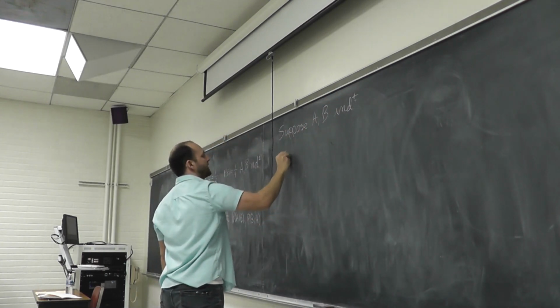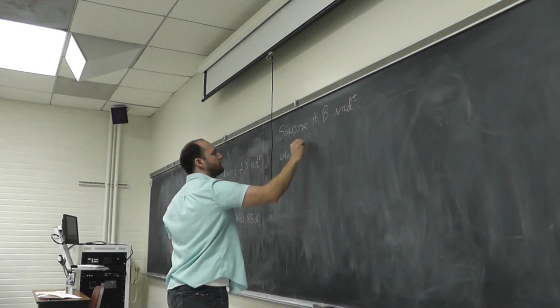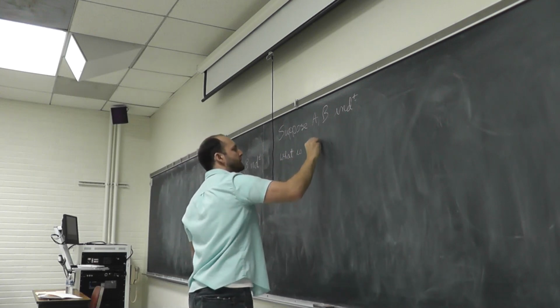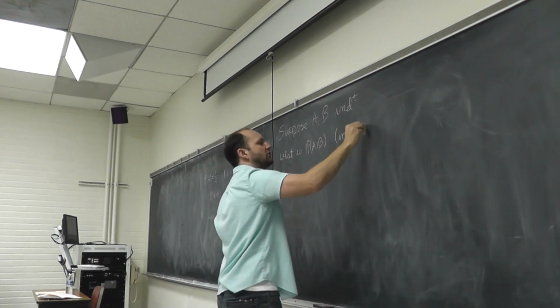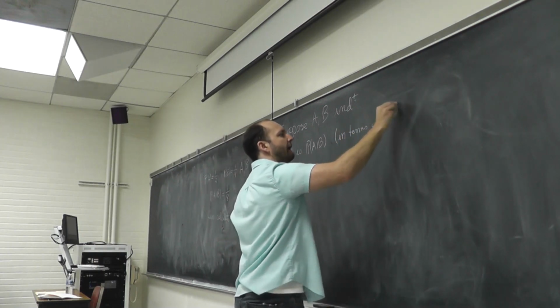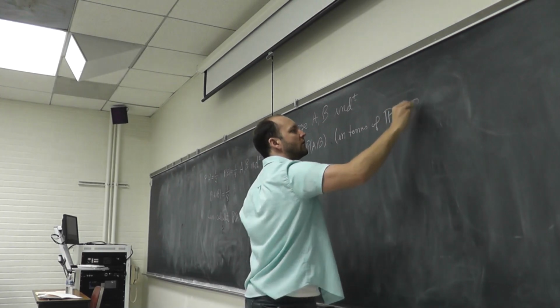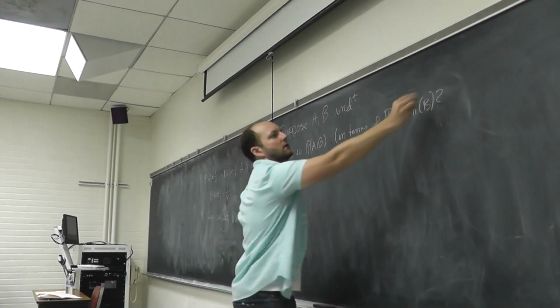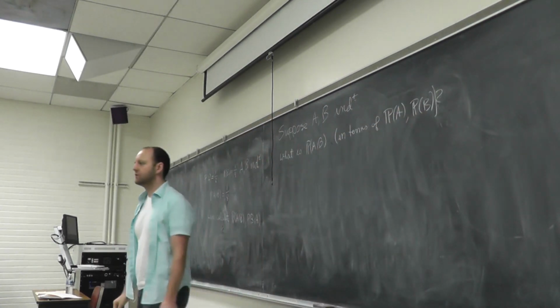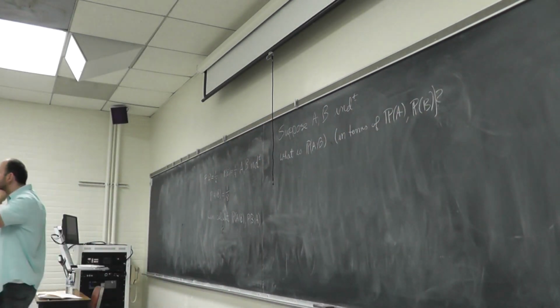What is the probability of A given B, in terms of the probability of A and B? Does anybody have a first guess, like what it would be?